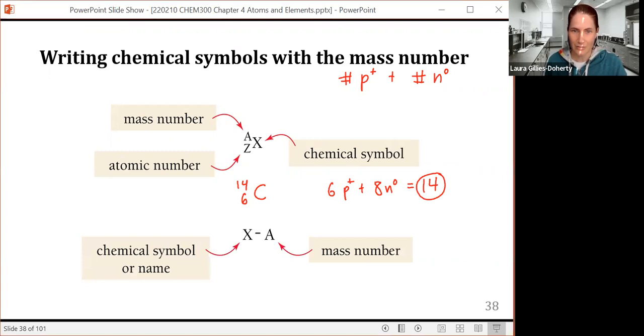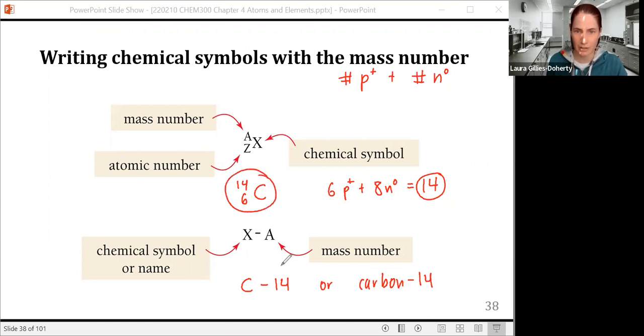The other way to write that, including the mass number, is to put the chemical symbol first and then the mass number second. So another way to say carbon-14 would be C-14 or carbon-14. And these are all equivalent. They're all giving you the same amount of information.